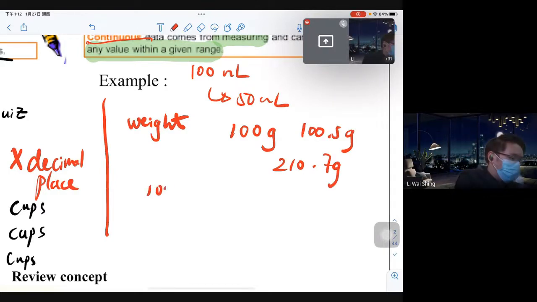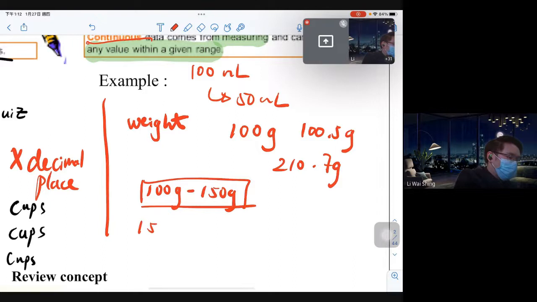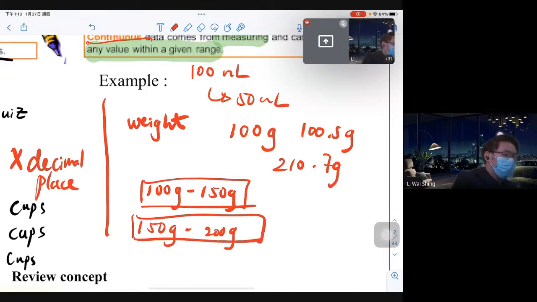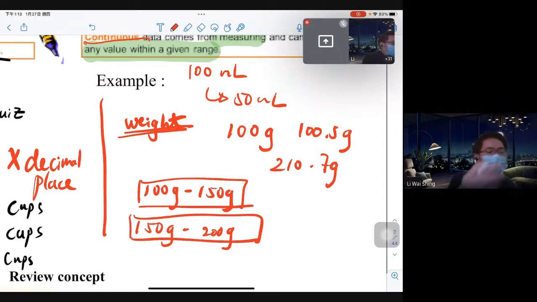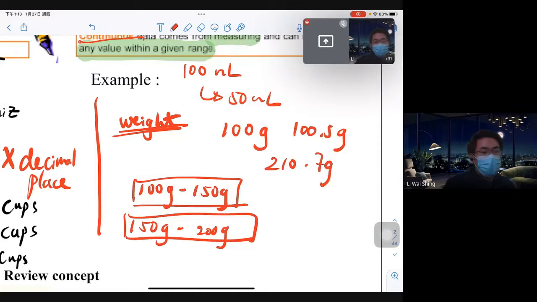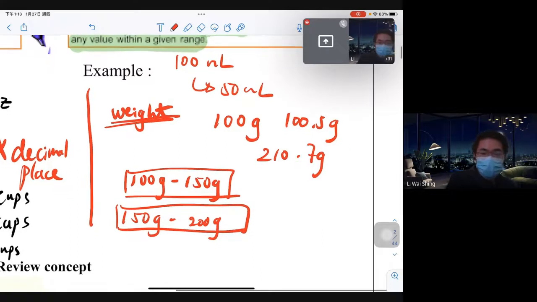For example, 100 grams to 150 grams is a range. 150 grams to 200 grams is another range. So weight is a kind of continuous data. Is it clear? Okay. So at the same time, Daniel, could you give me another example of continuous data? Apart from weight.